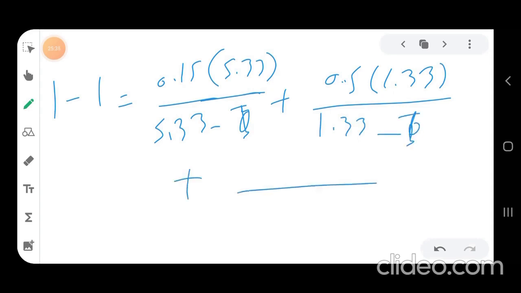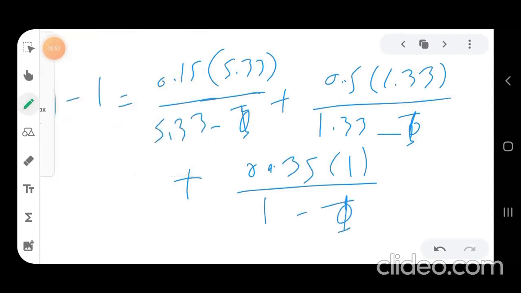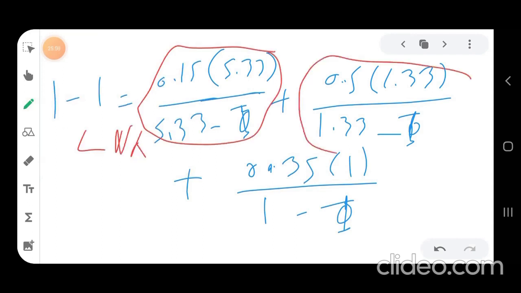The last thing is the heavy key, 0.35 multiplied by the alpha of the heavy key, which is 1, over the alpha of the heavy key, which is 1, minus phi. Just to illustrate, the first term has to do with the light non-key, the second with the light key, and the third with the heavy key.